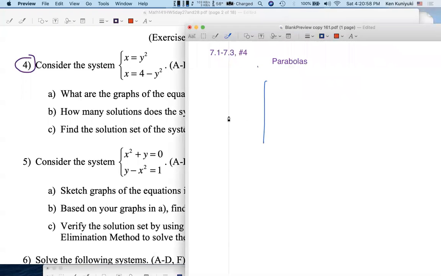So x equals y squared is a parabola opening which way? To the right. Correct. You don't have to be an artist, but it's a parabola with vertex at the origin that opens to the right. That's x equals y squared, by the way.